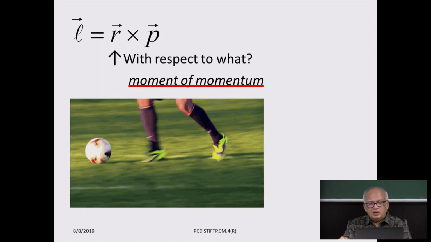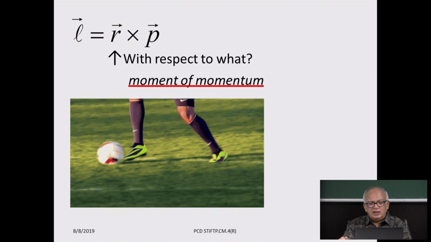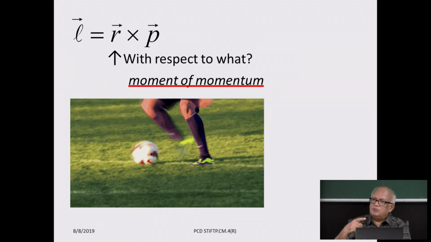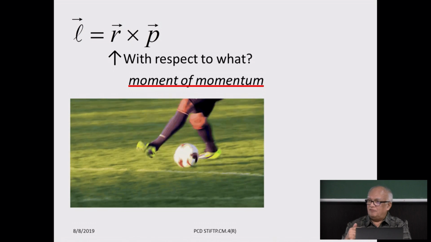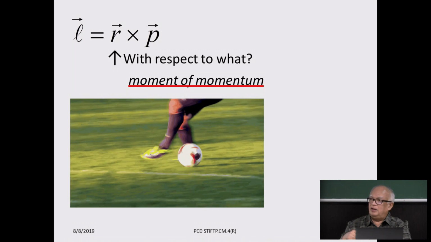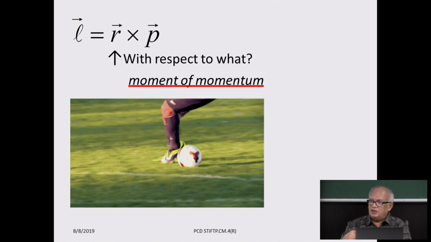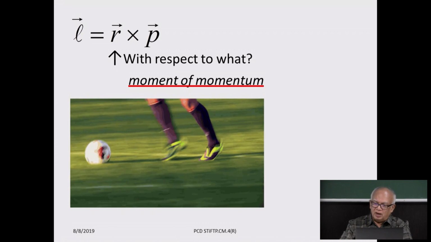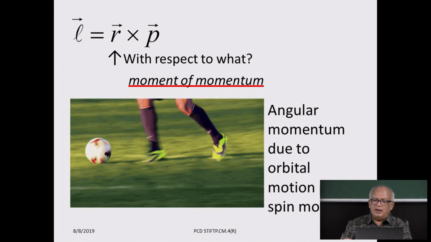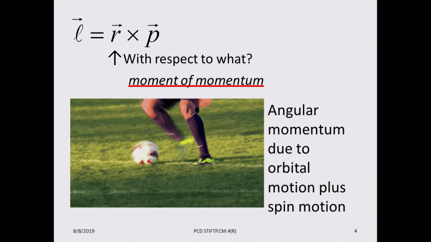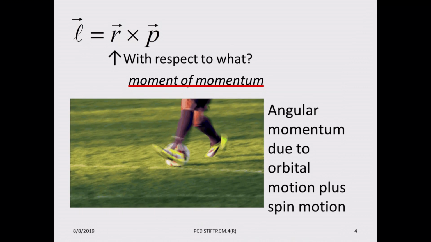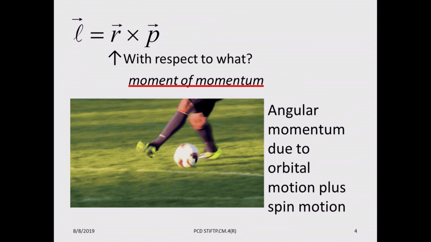And in addition to this motion, you see that the ball is also spinning about an axis through itself. So there is an additional rotation, which is a spin rotation about this axis. And you can talk about the orbital angular momentum and also the spin angular momentum. There are two kinds of rotations involved in this.